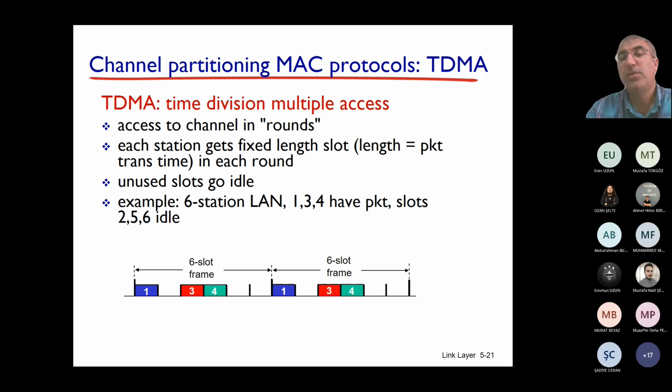In channel partitioning, we have different methods. The first one is called TDMA. TDMA stands for time division multiple access. So as the name implies, the host nodes access the channel in rounds. Each station gets a fixed length slot in each round. If these slots are not used, they go idle.